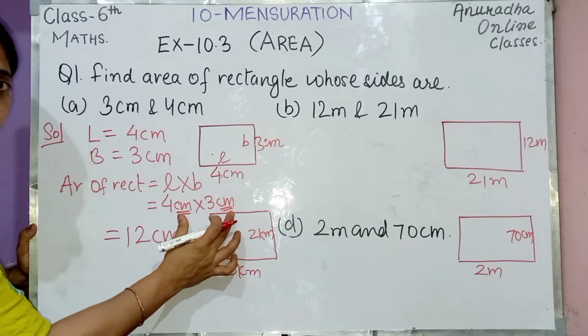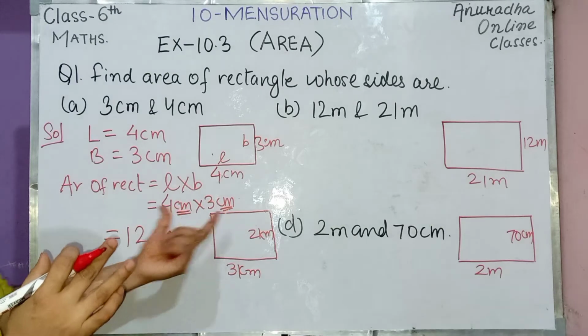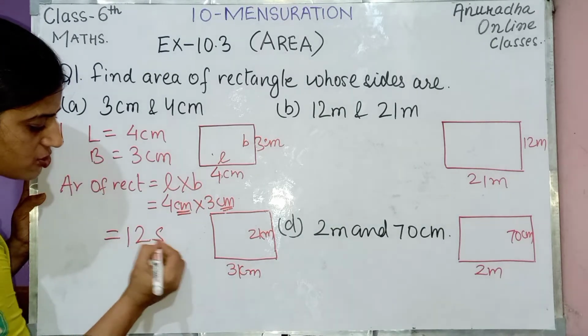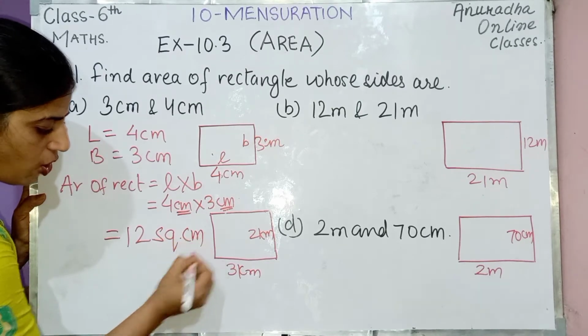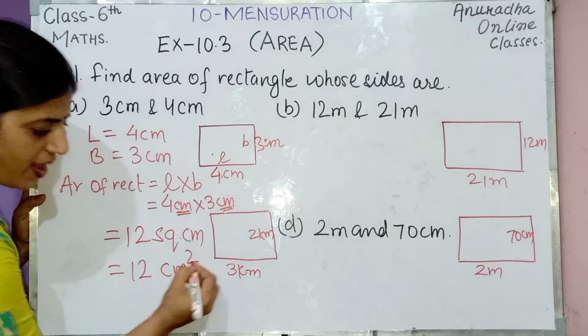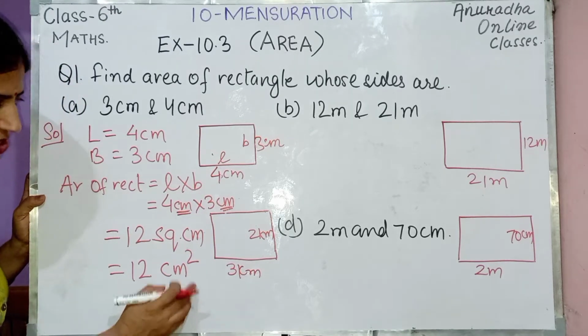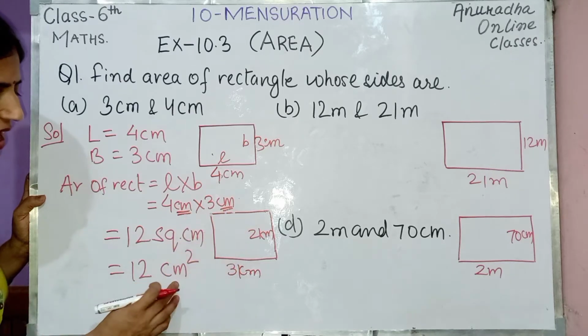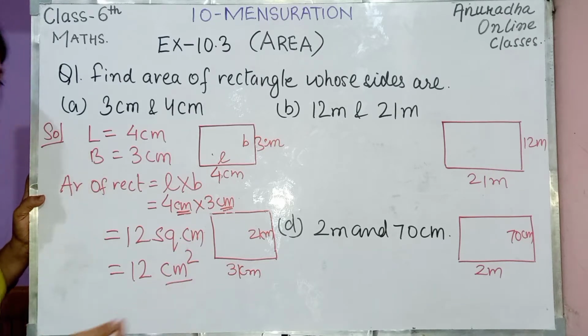Now you can see here 1 centimeter and here 1 centimeter. Centimeter into centimeter, 2 times centimeter is there, that becomes square centimeter. You can write it in this way, square centimeter, or you can write 12 centimeter square. That means centimeter into centimeter, you have to multiply this as well as its unit will also get multiplied, and here will be centimeter square.